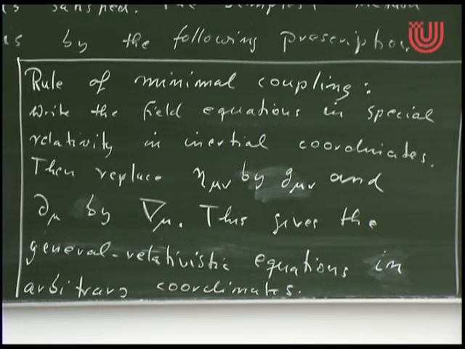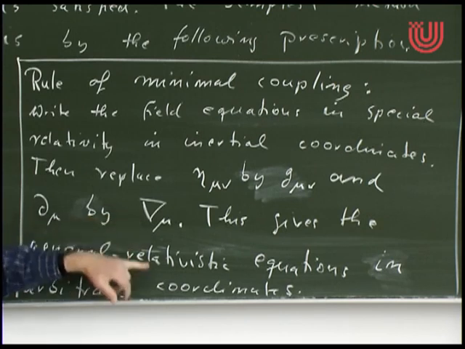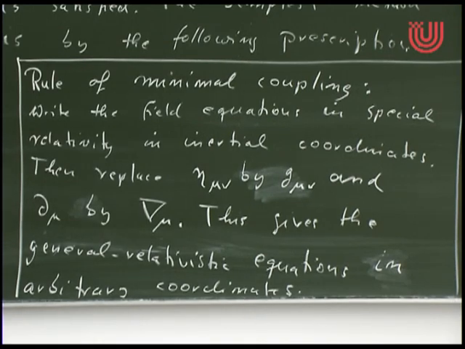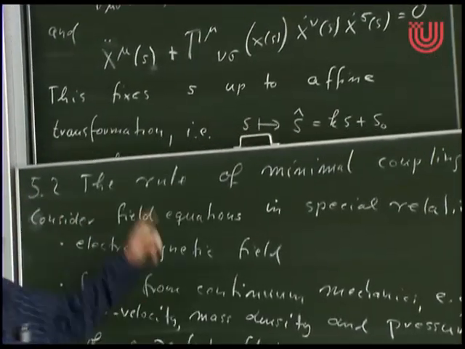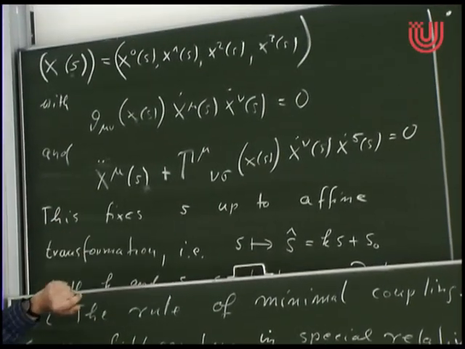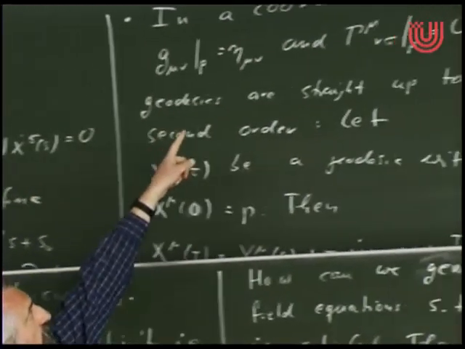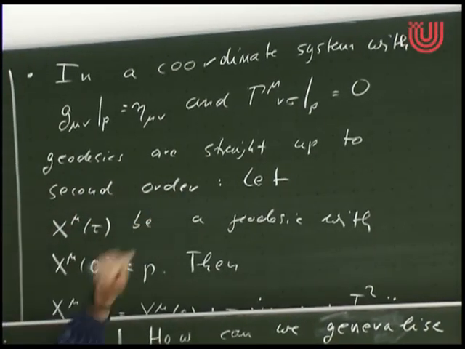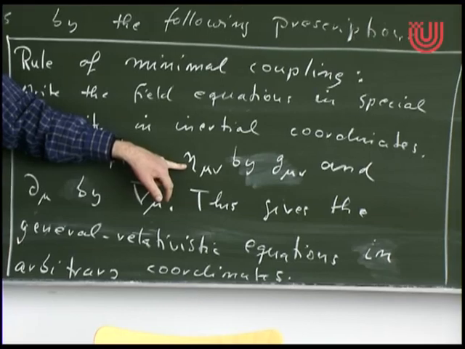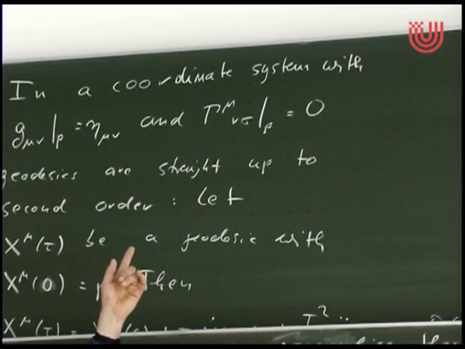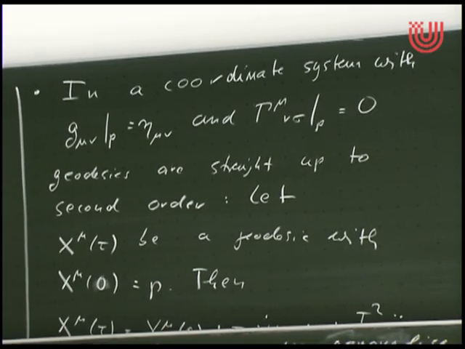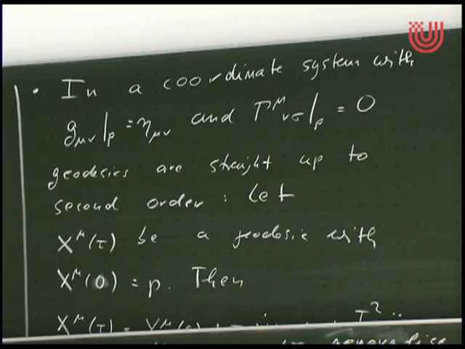Namely, if we have the equations now in general relativity in arbitrary coordinates with these replacements, then we can make a coordinate transformation around any point we like, such that in the new coordinates these conditions are satisfied: the g's become the etas and the gammas become 0. Then the g's go over into the etas at the point, and the covariant derivative goes into the partial derivative because the gammas are 0. So you reproduce the old laws in sufficiently small neighborhoods. So this is compatible with the equivalence principle.